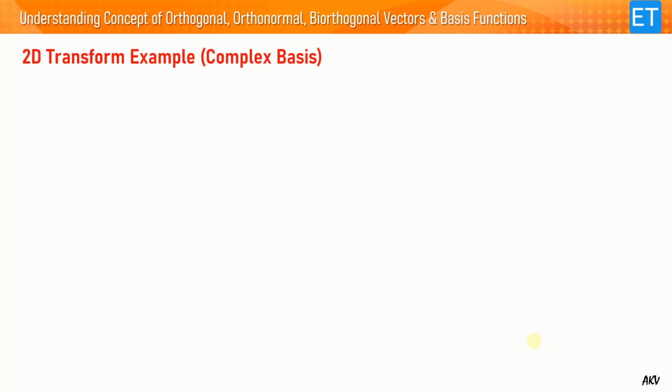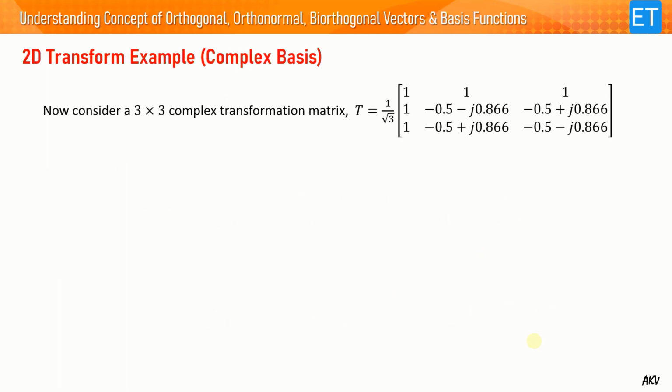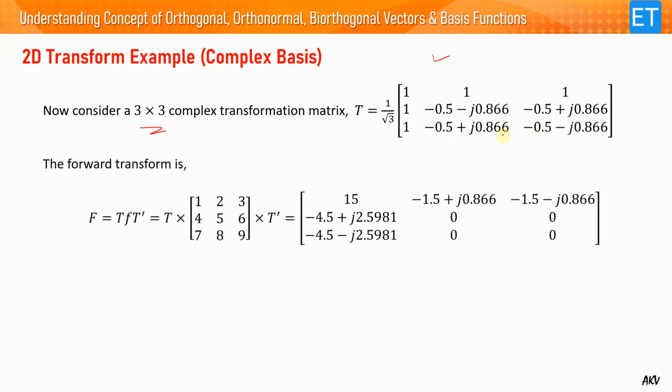We can go for complex basis functions also. That is also important to show you. Now consider a 3 by 3 complex transformation matrix. Here it is made with complex orthogonal basis functions. You can see the complex values here, and as my example is two-dimensional, just consider this matrix, two-dimensional data 1 2 3, 4 5 6, 7 8 9, a 3 by 3 matrix.